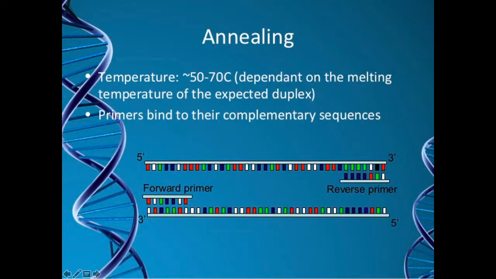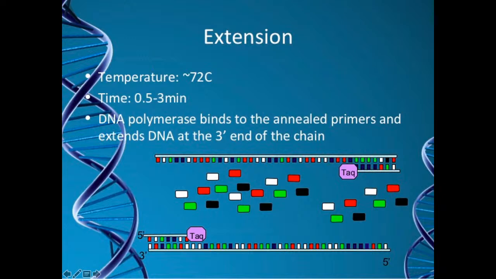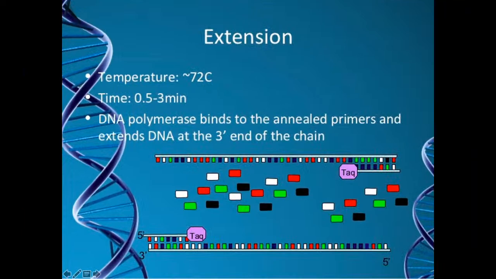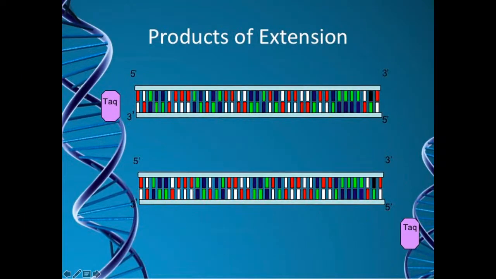Then we decrease the temperature to 50 to 70 degrees Celsius for annealing. That is, your forward and reverse primers attach to the specific sequence, and then afterwards we again increase the temperature to 72 degrees Celsius so that Taq polymerase can attach to the annealed primers and start to produce the corresponding sequence with the help of the deoxynucleotides, dNTPs.